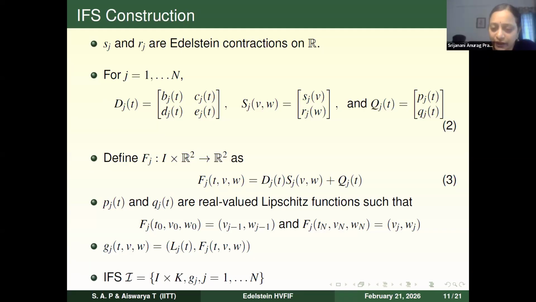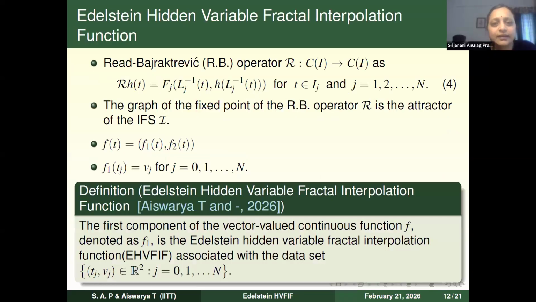Now on the space of continuous functions defined on the interval I, we define the Read-Bajraktarević operator given by this equation: Rh(t) in terms of my functions capital Fj of Lj inverse of t and h of Lj inverse of t. Then we can see that my Read-Bajraktarević operator is a contraction and it has a fixed point f.